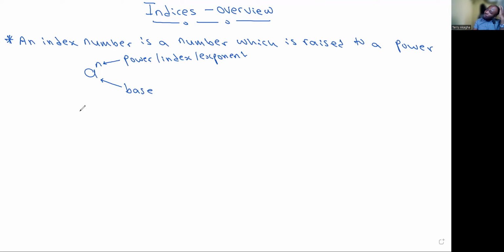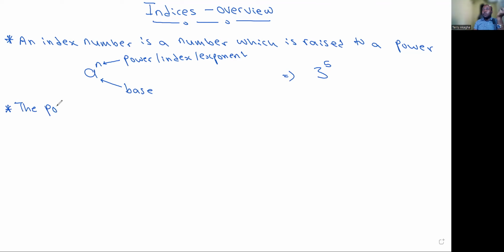So for example, you can see something like 3 raised to power 5. So 3 is the base, 5 is the power. Now, like I said, the power is also known as the index. It tells you how many times you have to multiply the number or the base itself, okay? For those that are writing, I'm going to write it down so you can take note of it.